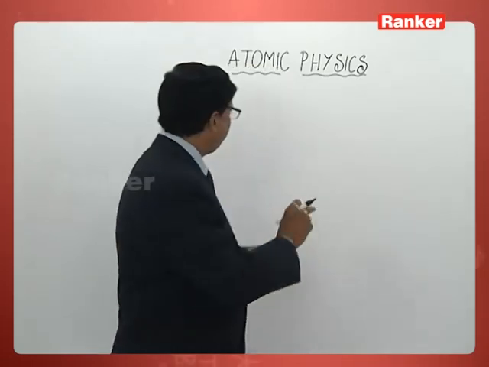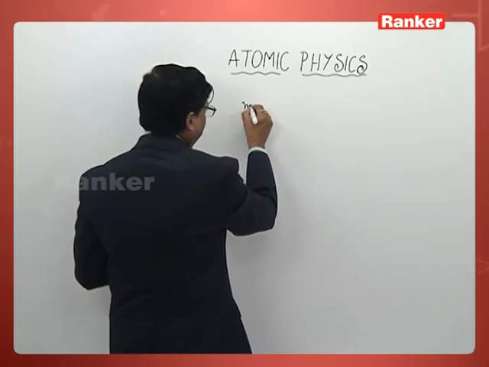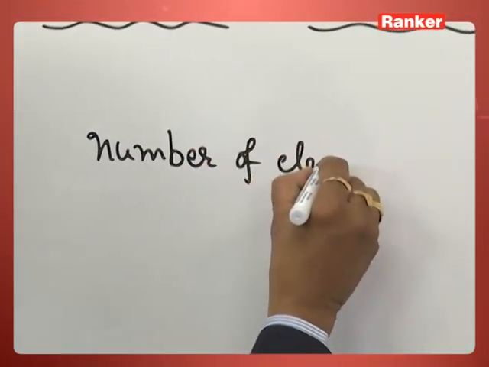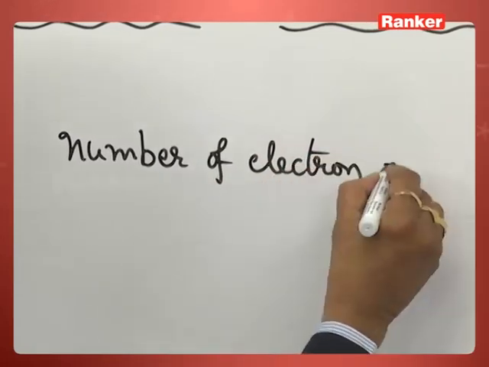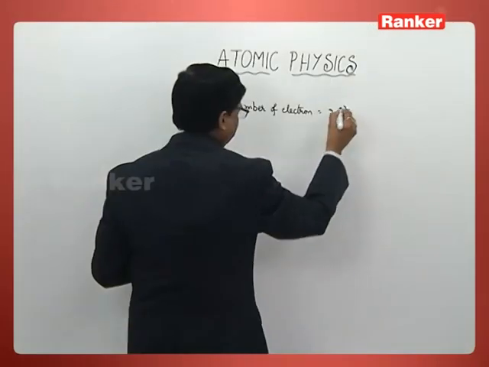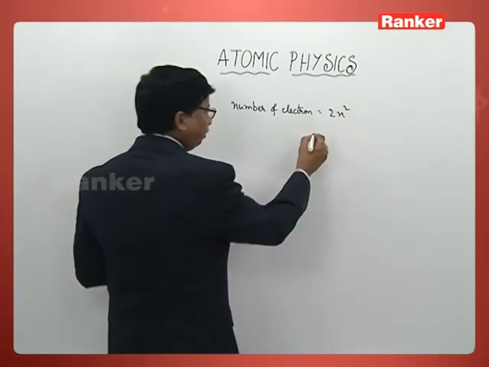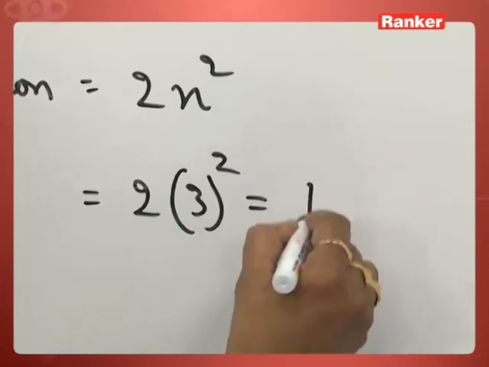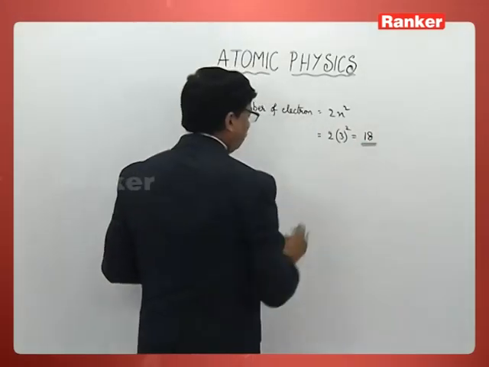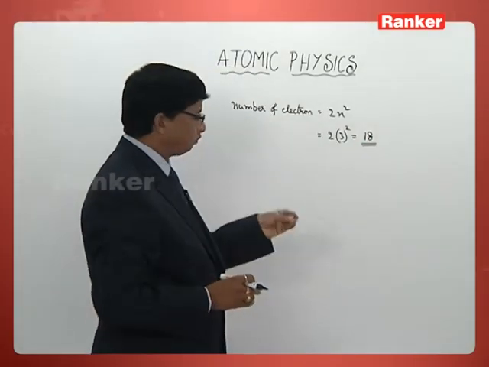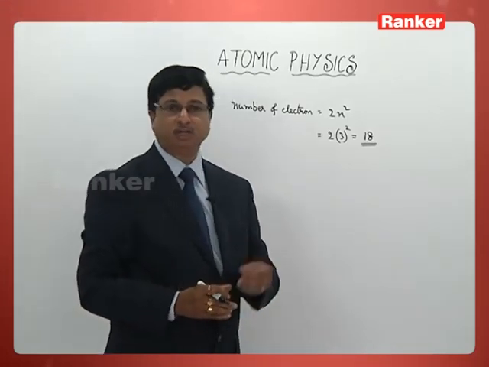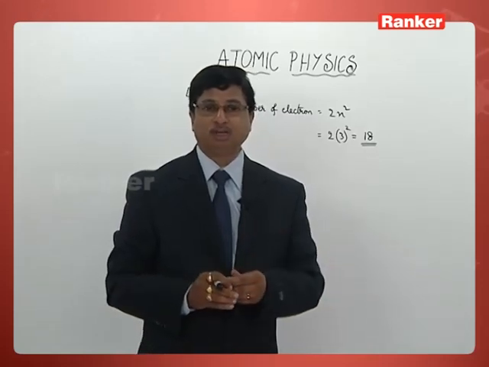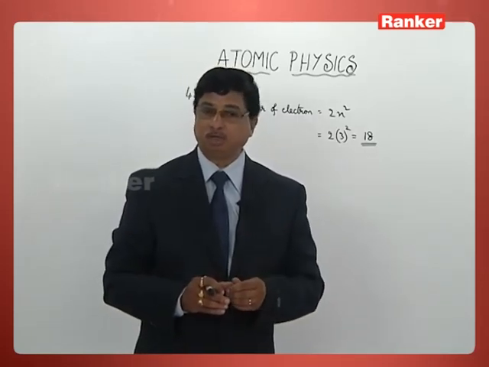So what is the formula for the number of electrons? Number of electrons is equal to 2n square, that's all. In this particular case, twice 3 square, which becomes 18. So the problem is not a difficult one, just to remind you that this was given in one of the most important examinations, the IIT paper 2000.